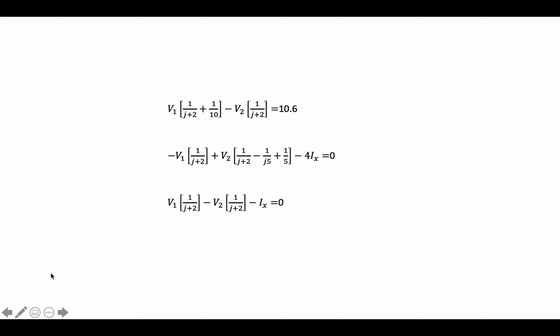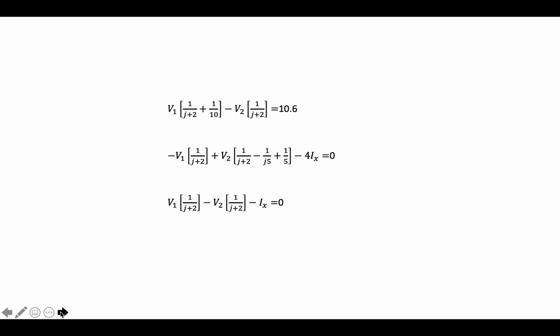The solution will be the determinant of those respective matrices divided by the determinant of the coefficient matrix. That's what's going to go on in the MATLAB code. And of course, it's perfectly legal and legitimate if you want to use MATLAB to solve simultaneous equations using complex numbers. I think that is a great idea.